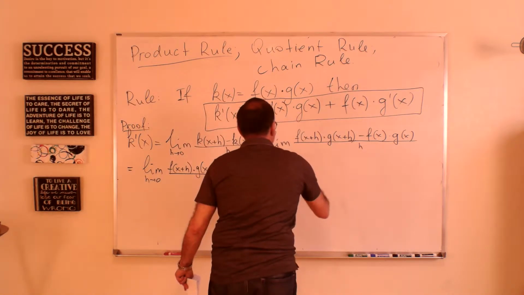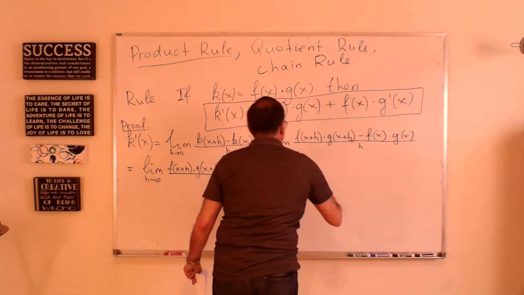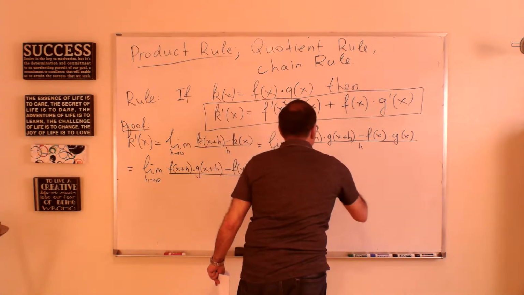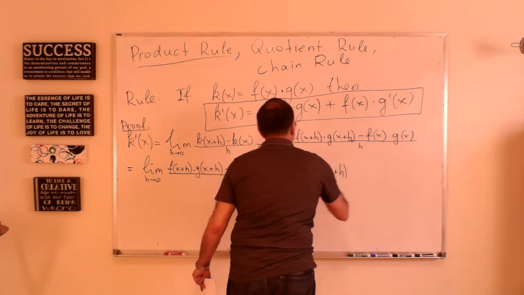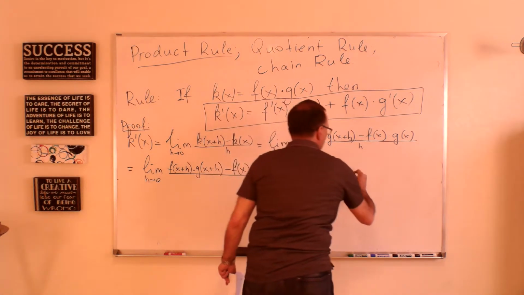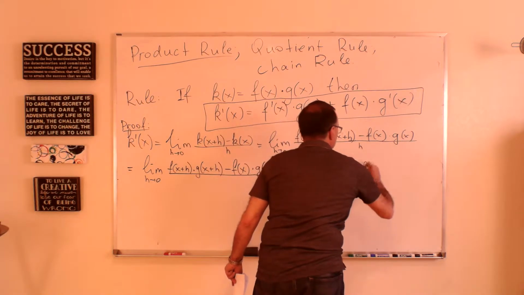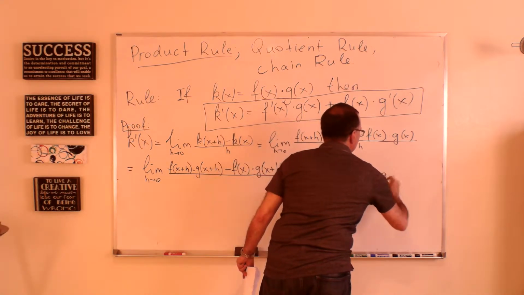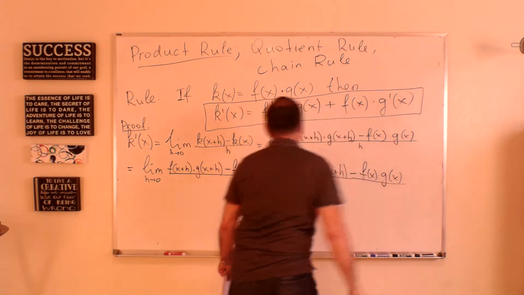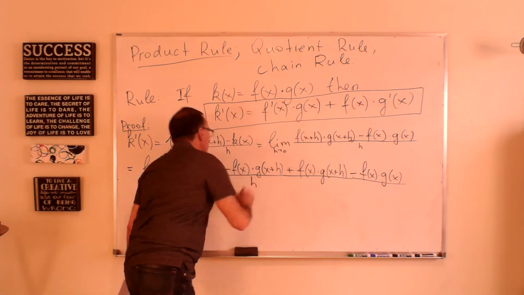And then we add the same, f of x times g of x plus h. And then we subtract what we have in the original formula, f of x g of x. So we've got a pretty long formula.